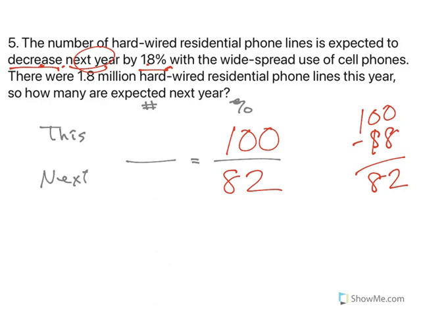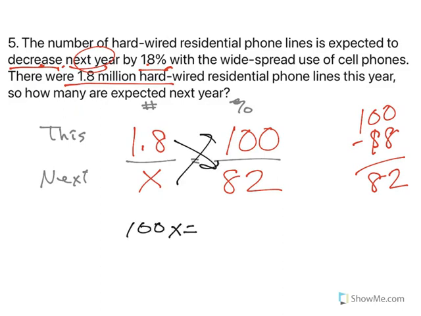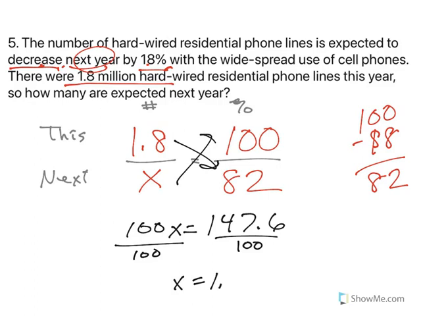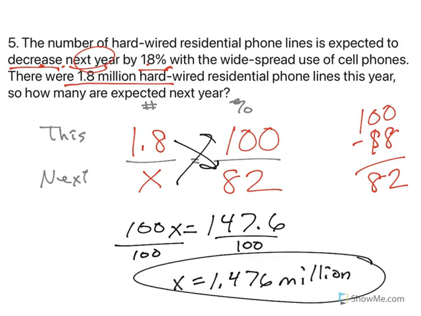Then we go through and we say, okay, there were 1.8 million hardwired lines this year. So 1.8, we're trying to find next year. We cross multiply and we get 100x equals 147.6. Divide both sides by 100 and x equals 1.476 million hardwired lines expected next year.